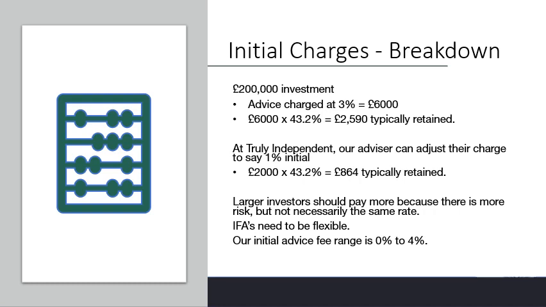At Truly Independent, our advisors can adjust their charge to say 1% initial for such a large amount of investment. Therefore, that would calculate out to be a £2,000 charge at 43%, which is the amount of money they can retain, means they would have a net amount to spend of £864. Larger investors should pay more because there is more risk, but not necessarily at the same rate all the way through.